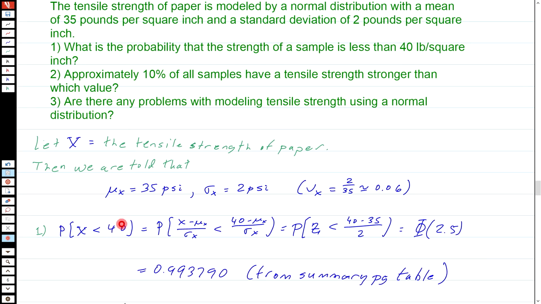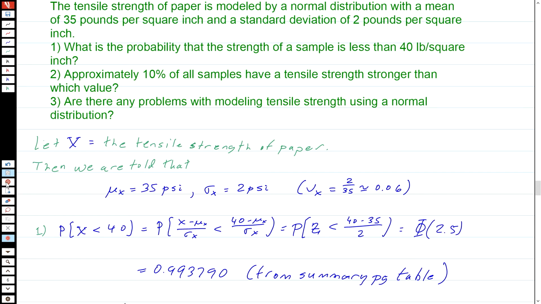So we're looking for, in part 1, the probability that x is less than 40. This x, we're told, is normally distributed. So our first step is to standardize. We subtract the mean and divide by the standard deviation on both sides of the equation. So here, this is z. We know the mean and standard deviation on the right-hand side, so we have 40 minus 35 over 2, and now we end up with 2.5. And then basically this is the cumulative distribution function.